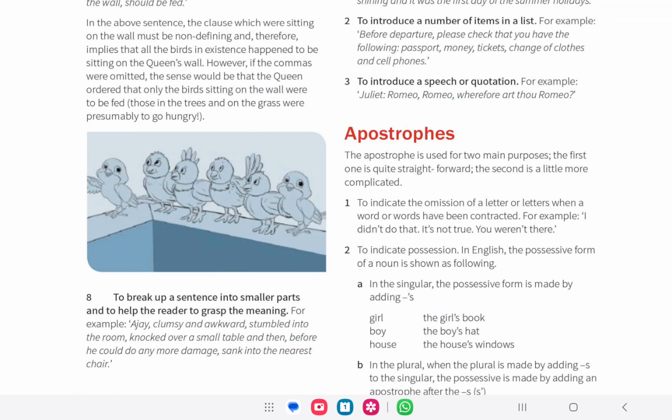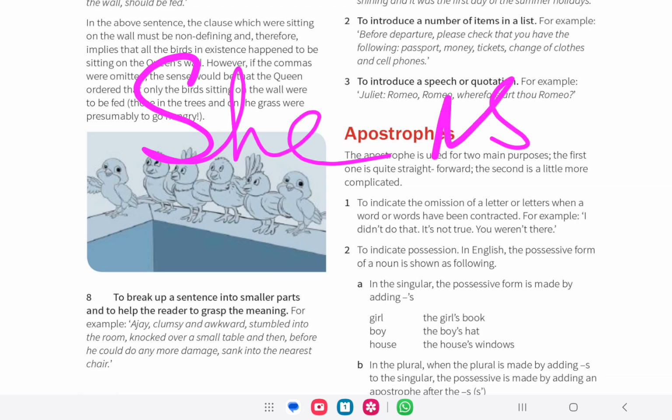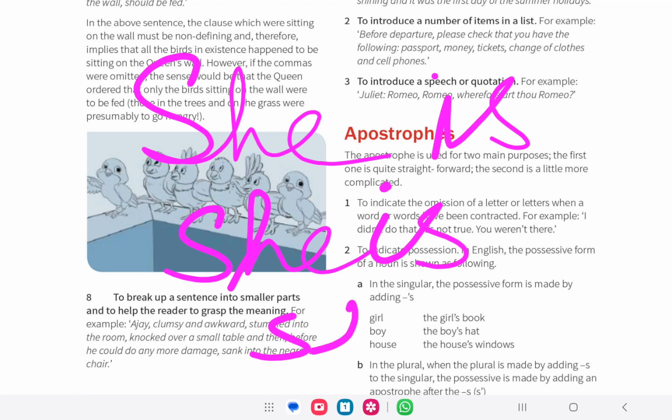Then we have another one like she is. We contract them, we bring them together. This becomes something like this, and then we make a contraction like she's.